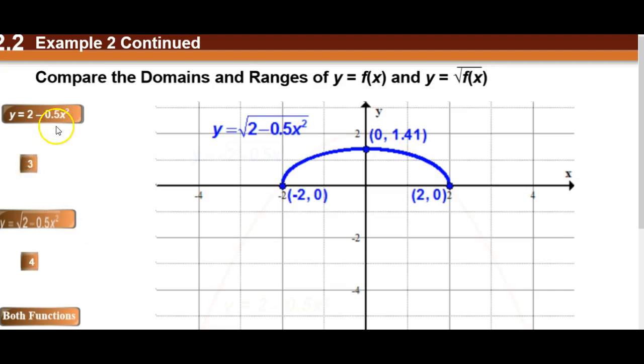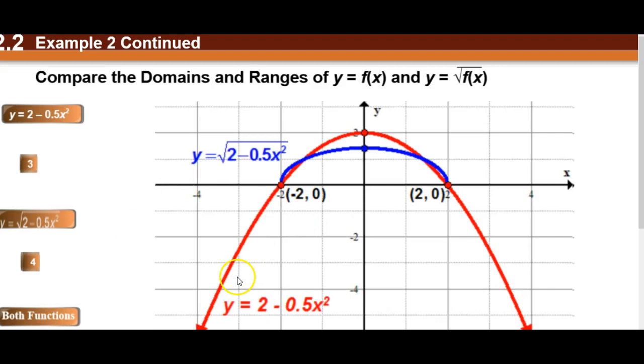So the domain for the first equation would be all real numbers, because it goes on and on. So x is all real numbers, and y has to be less than or equal to 2, because it goes from here down.